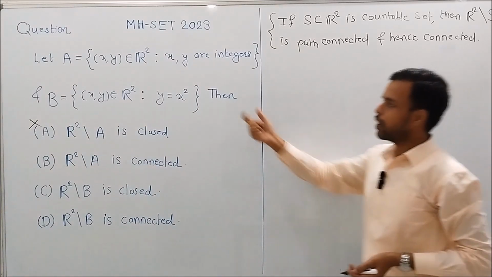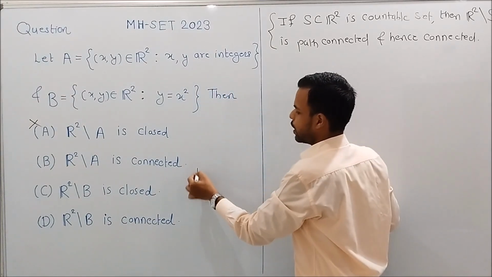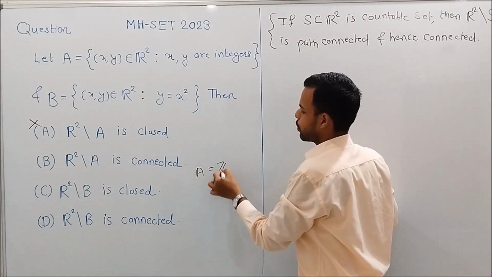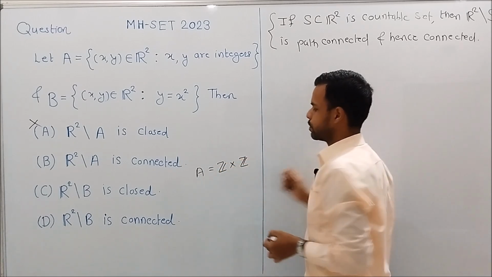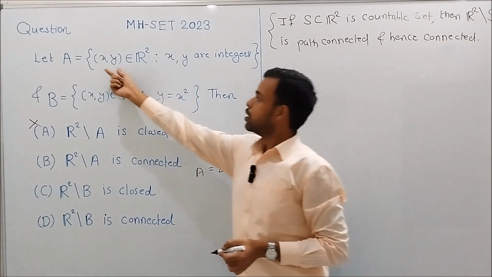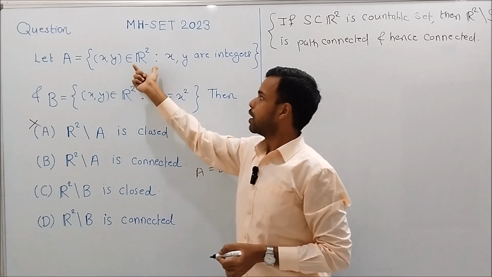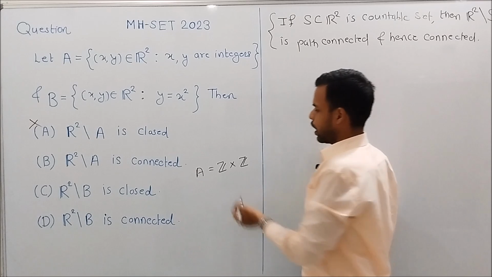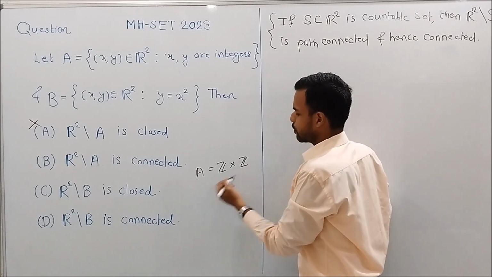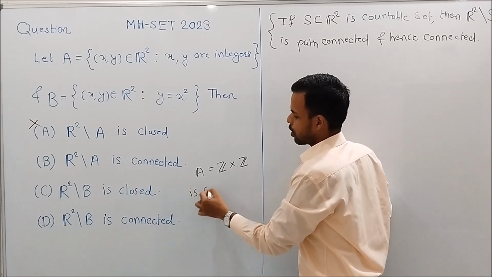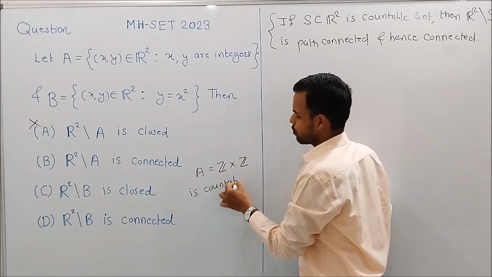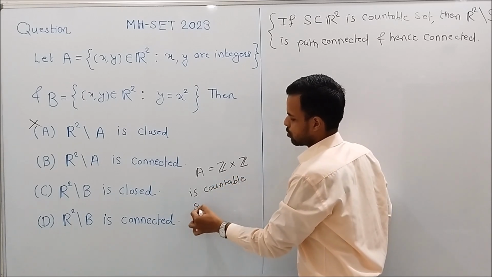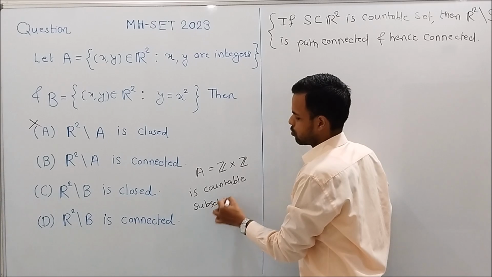Now observe what A is. Clearly A is nothing but the direct product of Z with itself, Z cross Z, because A is the set of ordered pairs (x, y) belonging to R2 such that x and y are both integers, and we know that Z direct product with itself is a countable subset of R2, okay.